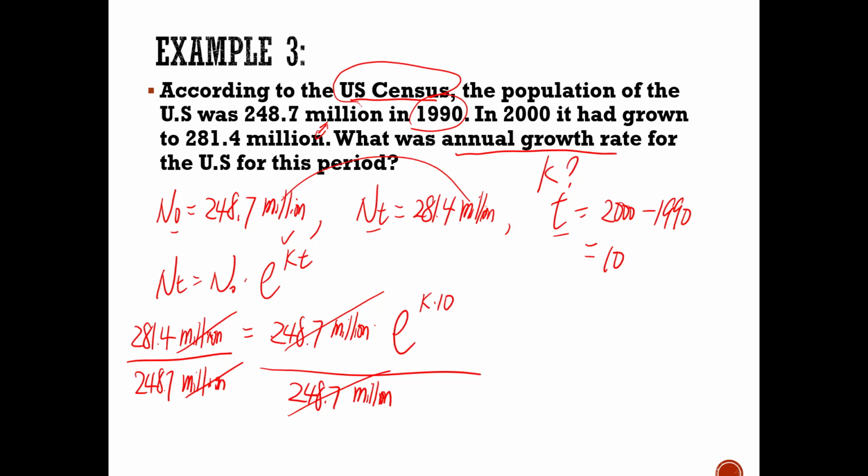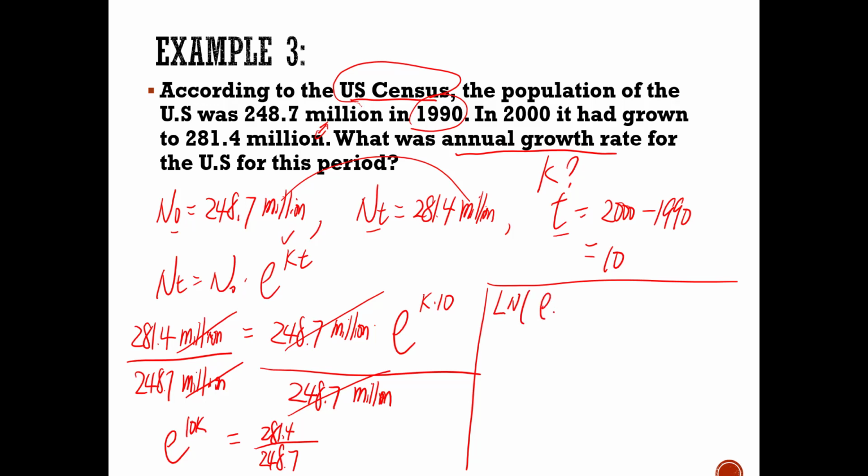And then let's switch the order. We get e to the 10k, 10 times k, equal to 281.4 over 248.7. So in order to solve for k, we have to take the ln of both sides of the equation. So we take the ln on the left, we get e and k.